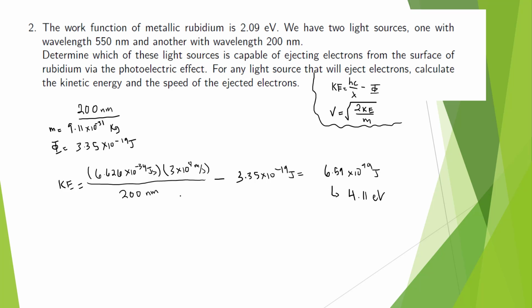We're going to use the electron volt unit of the kinetic energy to solve for speed. Speed is equal to the square root of 2 times the kinetic energy divided by the mass of the electron, same as in the last question, 9.11 times 10 to the negative 31 kilograms.